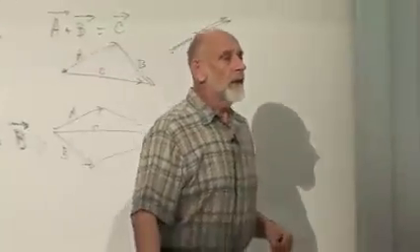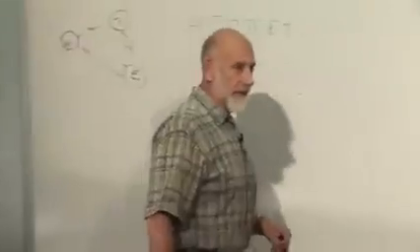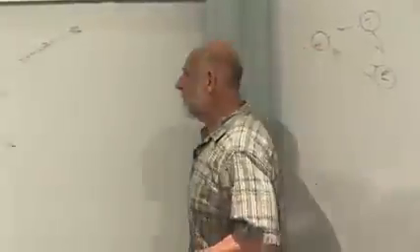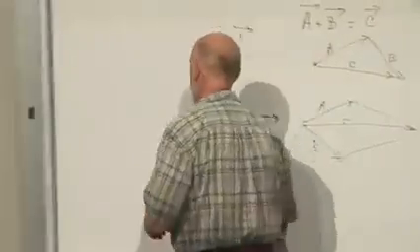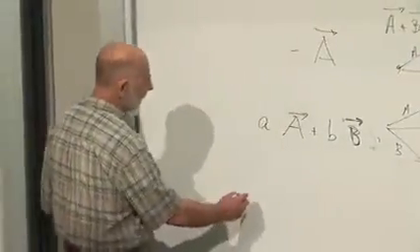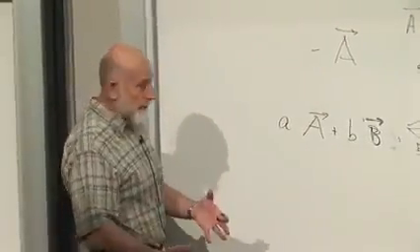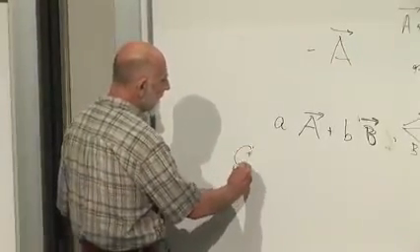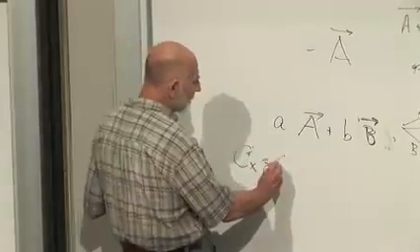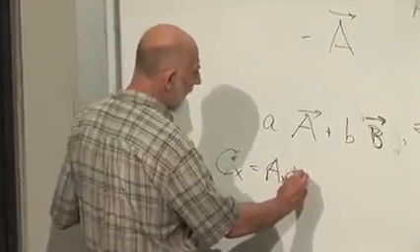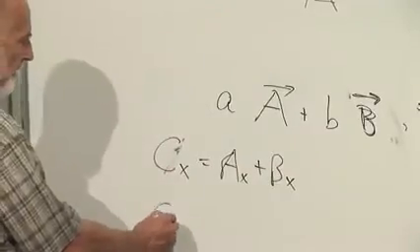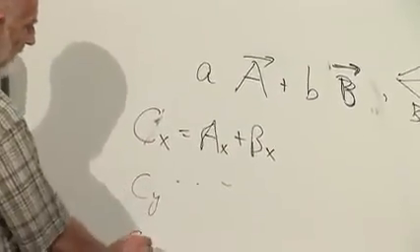Okay. The third way of adding vectors is to use the components. So if we have two vectors with components AX, AY, and AZ, and BX, BY, and BZ, then CX is just equal to AX plus BX, and likewise CY and CZ.